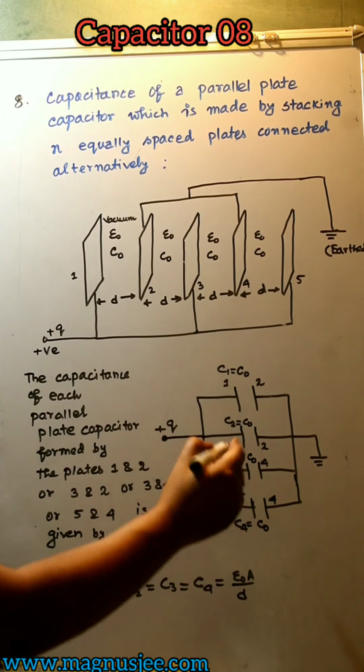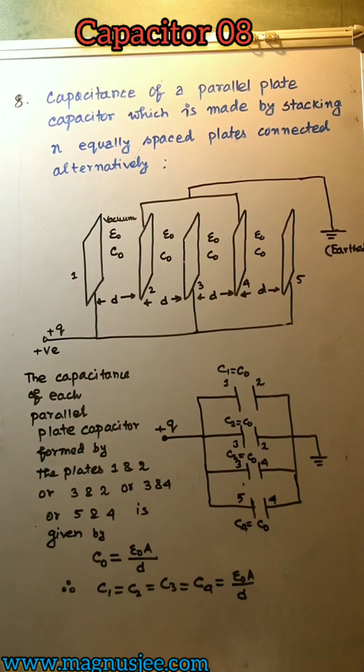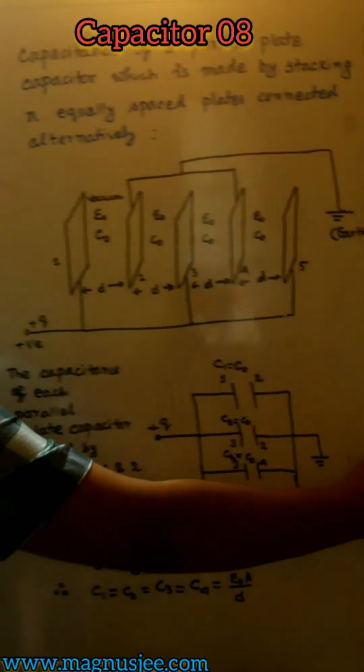C1 is the capacitance of the parallel plate capacitor formed by the first and second plate, and they are connected in parallel combination.